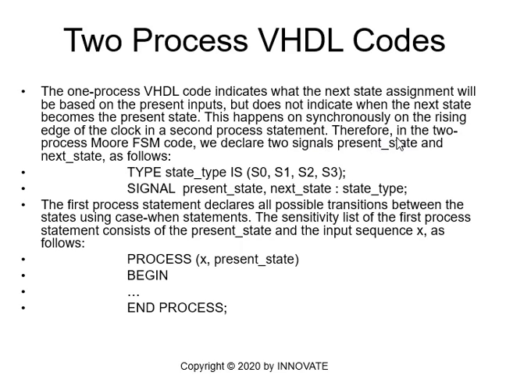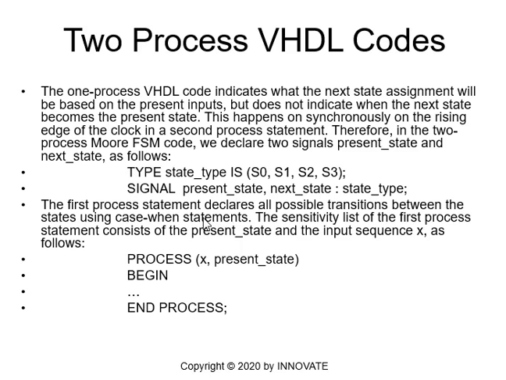Therefore, in a two-process Moore machine or Mealy machine, we declare two signals, present state and next state. State type is S0, S1, S2, S3, signal present state and next state of state type. So here we don't declare the signal as only state. We have present state and next state.